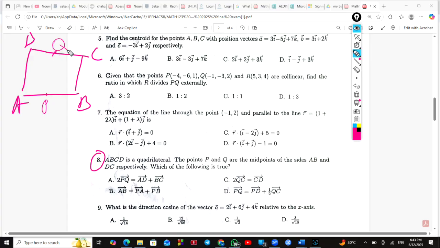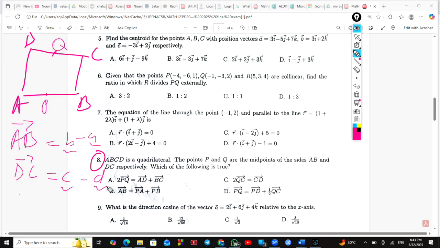Okay, so they are saying which of the following is true. From here we have that AB is equal to, let's say, B minus A, and DC is equal to little c minus little d.